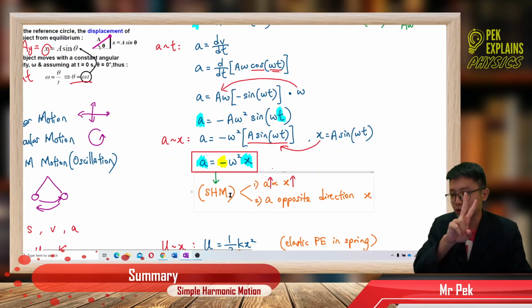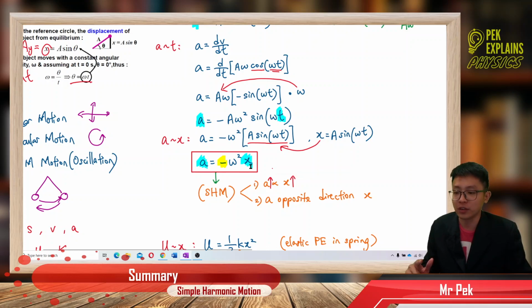Okay, what are the two most important meanings carried by this equation? First, as you can see, this acceleration is proportional to x. So the higher the x, the higher the acceleration. First point. Second point is the negative sign. This means that the acceleration is opposite direction with x.